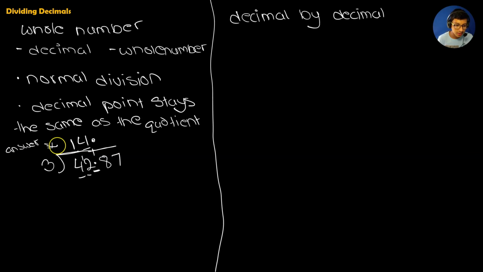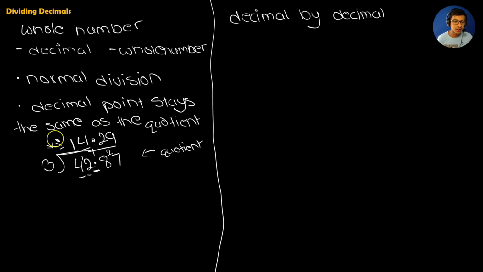See, it has the same decimal place as our quotient, and it needs to. 3 into 2, 6, 20, 9, 27. So that's how it goes, and our answer for this example will be 14.29.